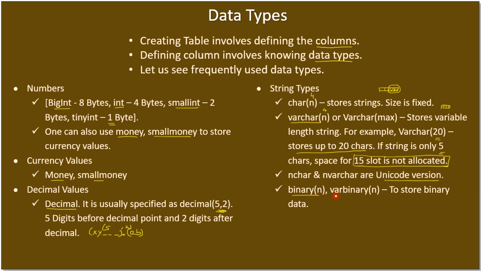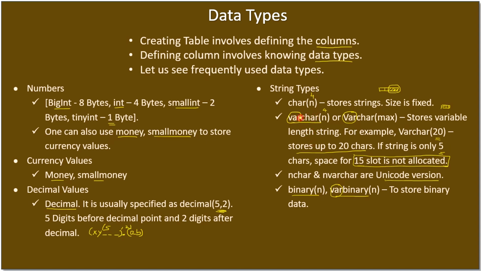Binary(n) and varbinary(n) are used to store binary data. Here in the data types you see there is varchar and varbinary, which means the data type is variable in nature.